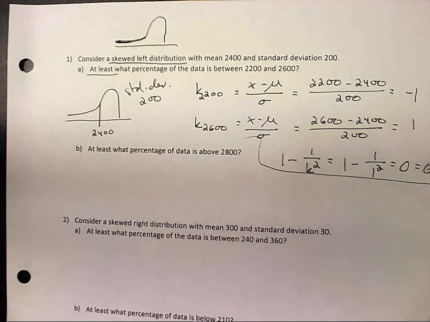So according to Chebyshev's theorem, at least what percentage is between 2200 and 2600? At least 0%. Everybody good with this?